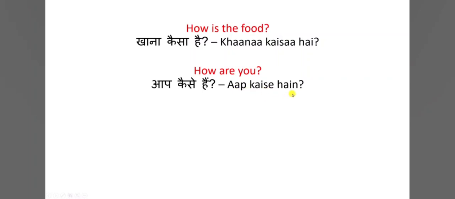Now looking at this sentence, you must be able to say to which gender you are asking this question. Let us say that you ask a person, how are you? आप कैसे हैं? When you use this, it means you are asking a male.